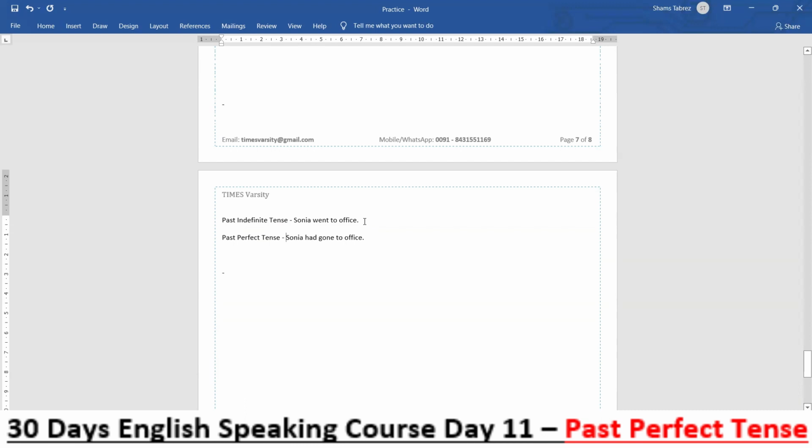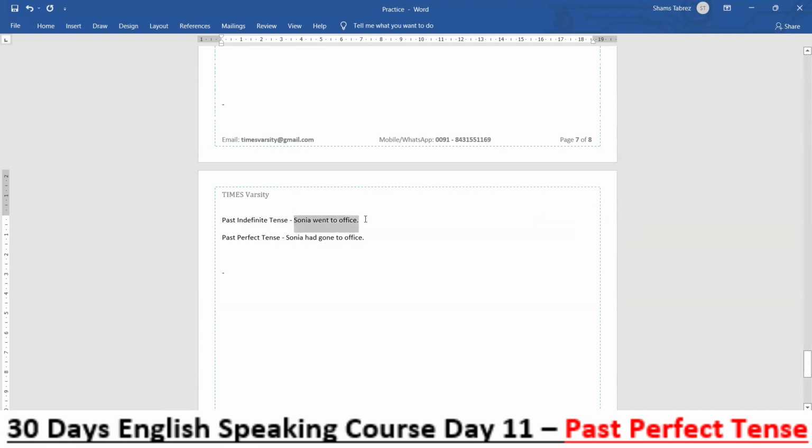So here, Sonia went to office. Sonia office gaye the, yeah, office gaye the. But when you say in past perfect tense, so here, Sonia had gone to office. Sonia office ja chuke the. So that should be the Hindi translation. Okay. At the end, you are conveying the same message, but you can express in this way.